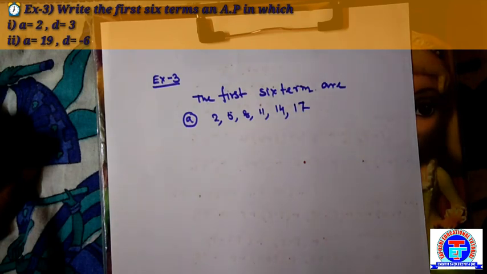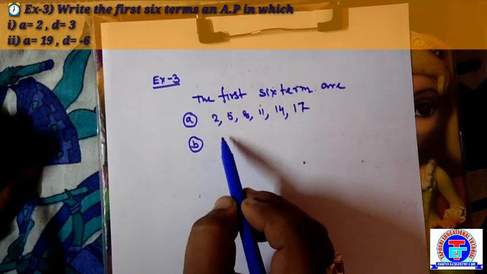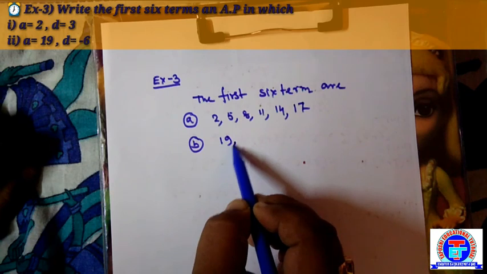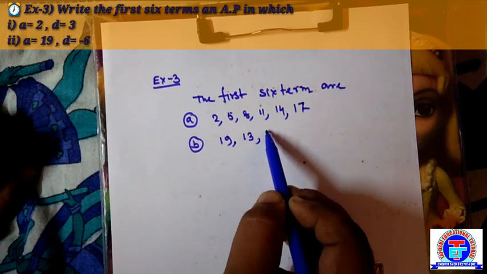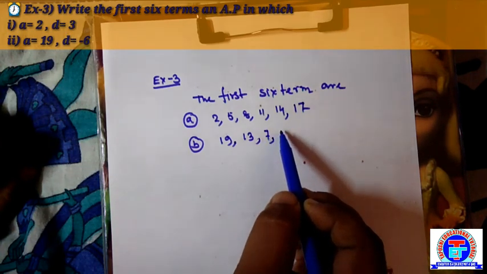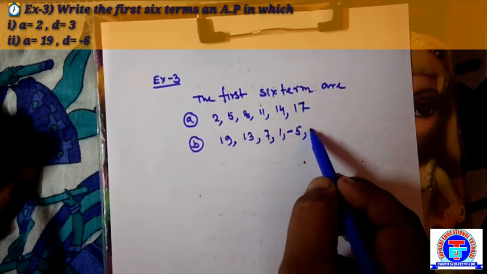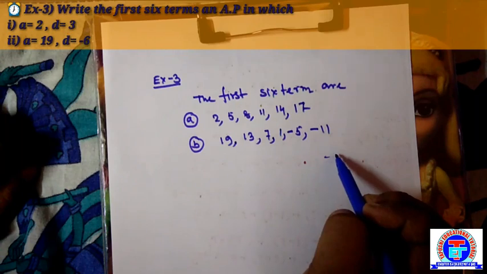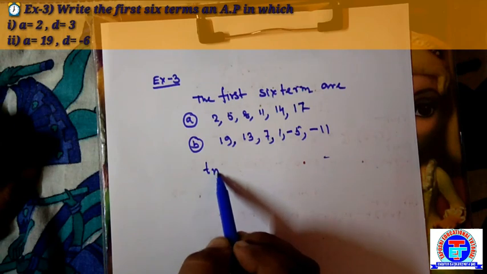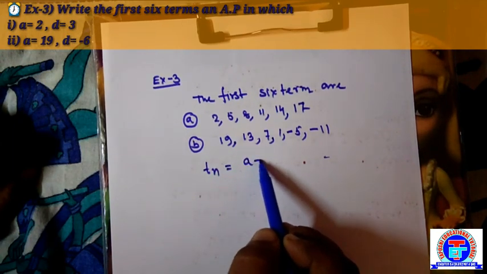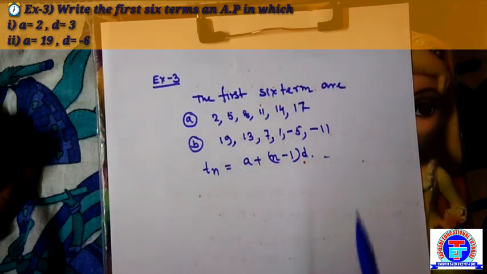So for number B here: 19, 13, 7, 1, minus 5, minus 11. Right. Here we use the general formula Tn is equal to a plus n minus 1 into d.